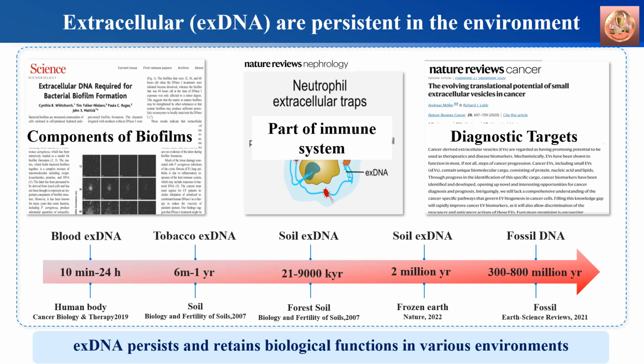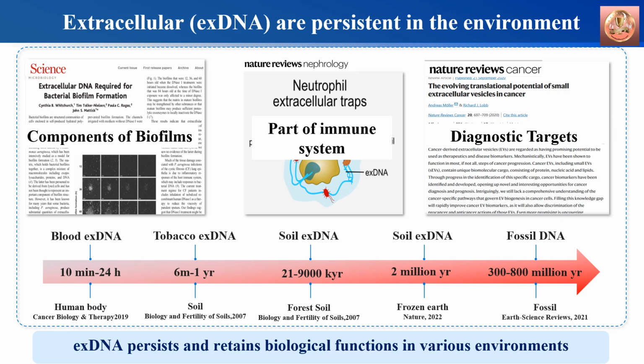As we know, extracellular DNA is a kind of DNA formed in the environment that is very typical. The property of extracellular DNA is its persistence. It can persist a very long time in the environment.